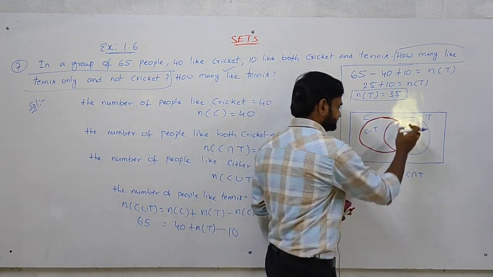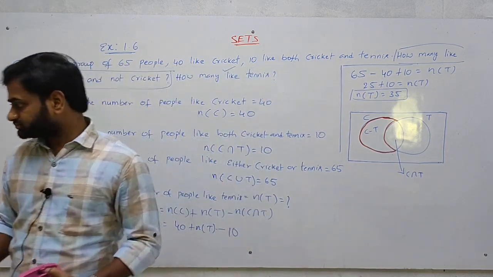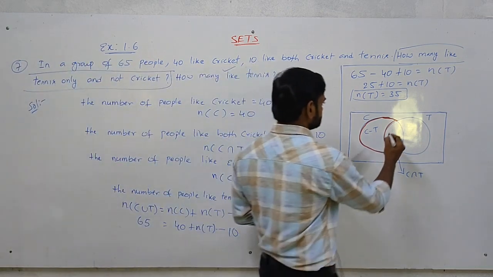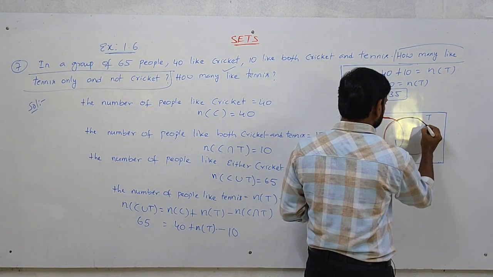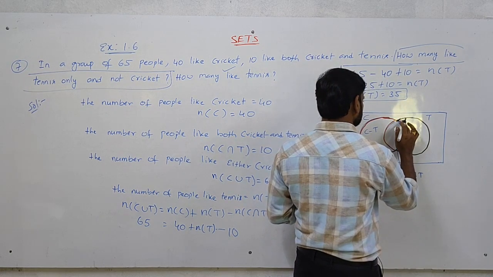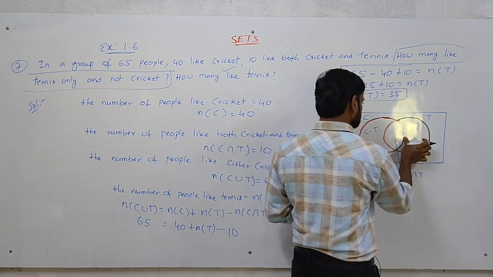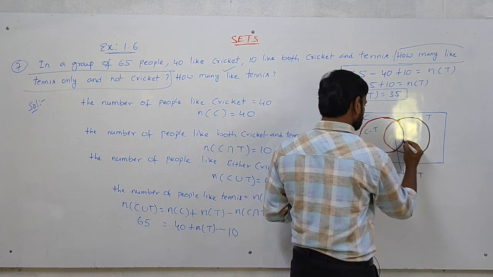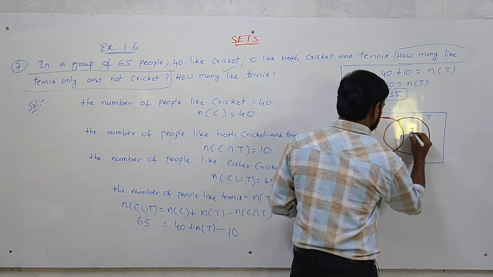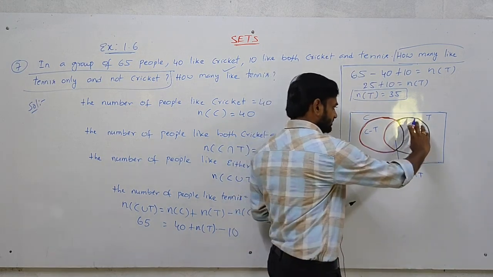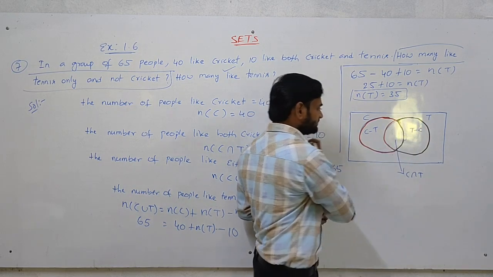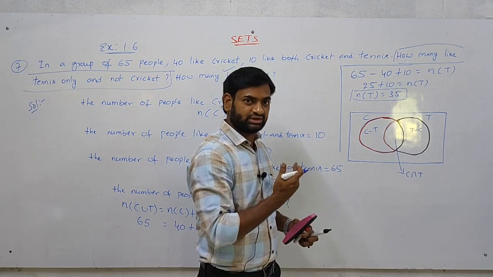And what about this part? This part is T minus C. That means from this entire T, I delete C. I deleted the C part.